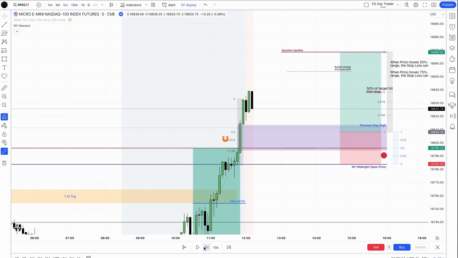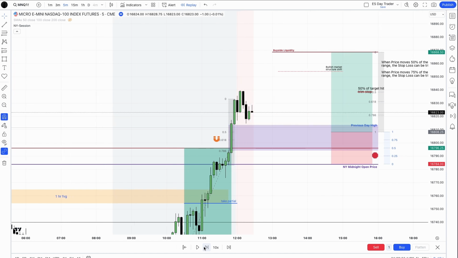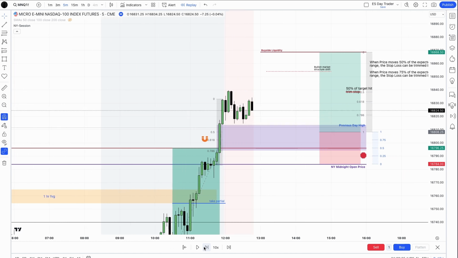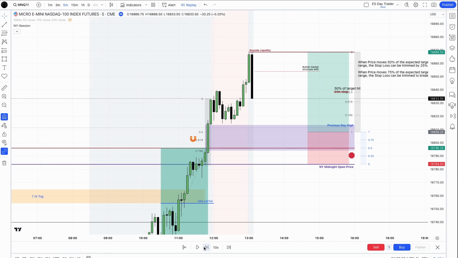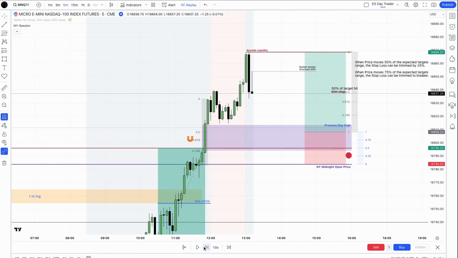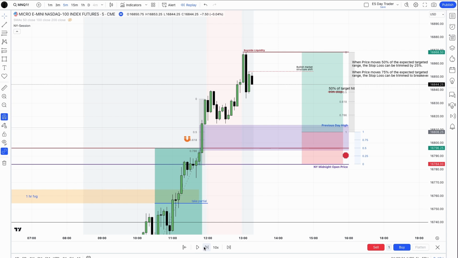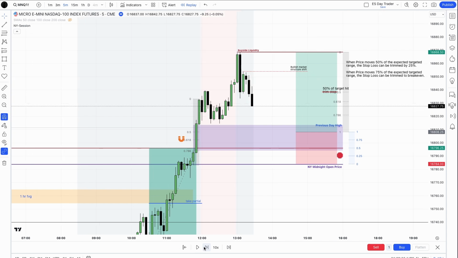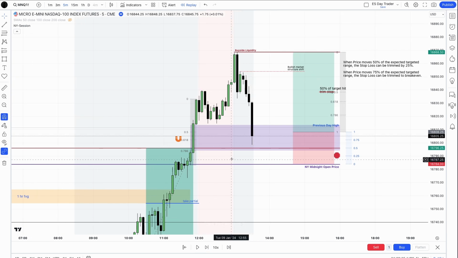Now, we're in lunch. Create some buy side. Move down into this 5-minute fair value gap that was created right before lunch.